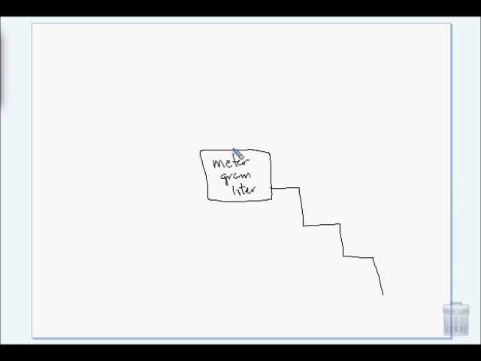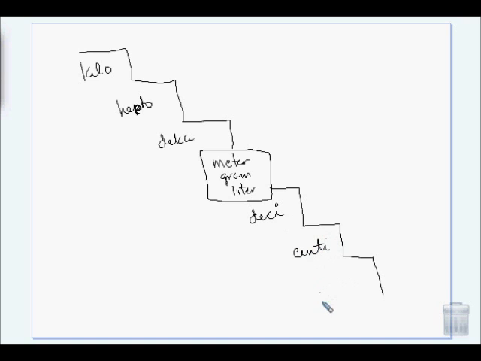We can go down 3 and we can go up 3. Up here we have kilo, hecto, deca, deci, centi, and milli.